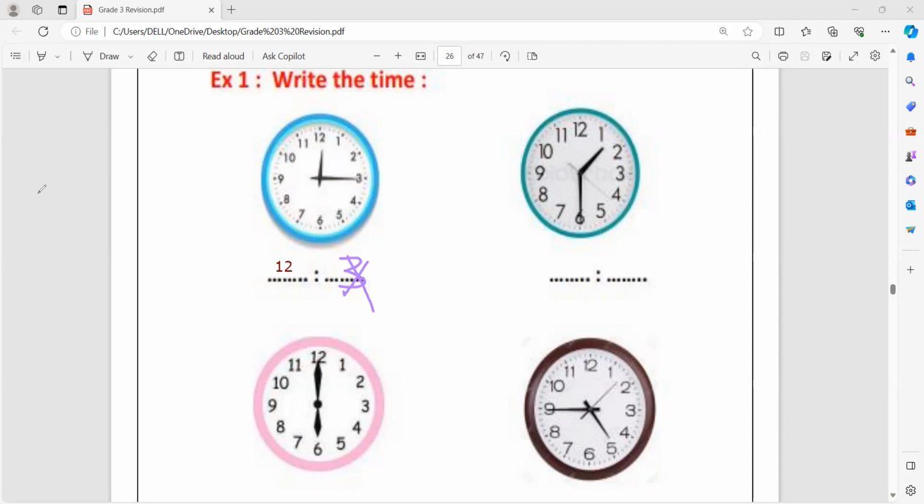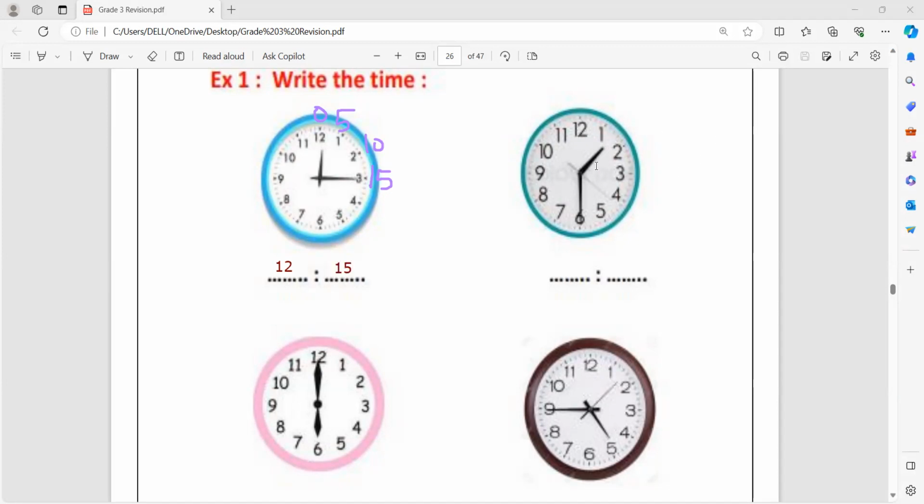For the long hand, the minute hand, I'm going to jump by 5 to find the total number of minutes. So 0, 5, 10, 15. So the long hand stops on 15 minutes. So it's 12 and 15 minutes.